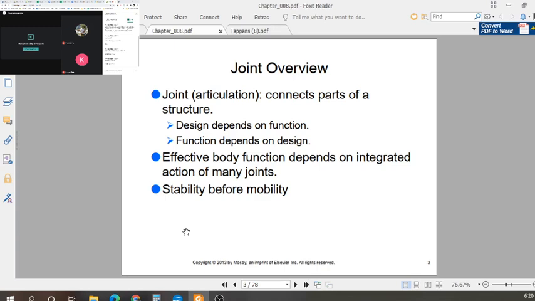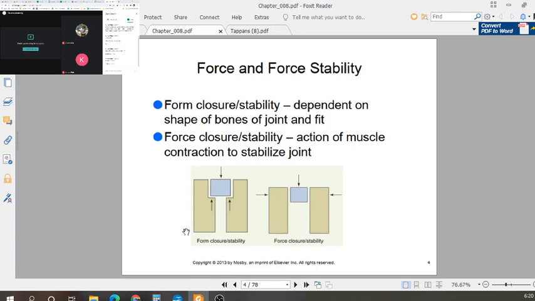Connective tissue and joint structure, page 236. Connective tissue is used in our joints: ligaments, tendons, discs, all the parts of joints and their soft tissue structures.